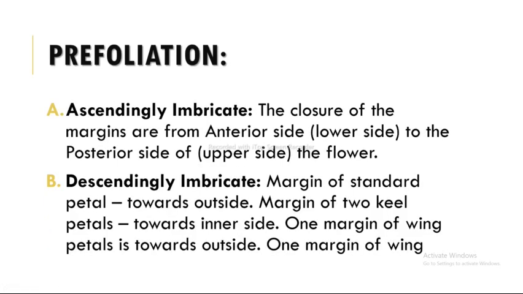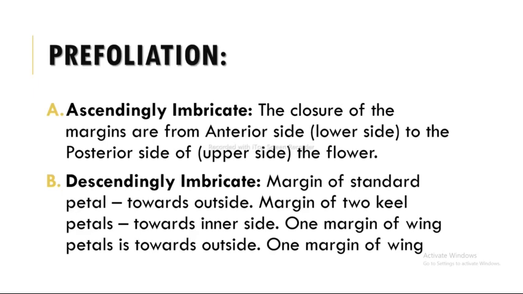The first type is ascendingly imbricate. In ascendingly imbricate, the overlapping of the margins goes from the anterior side or lower side to the posterior side or upper side of the flower. And the second type is the descendingly imbricate.